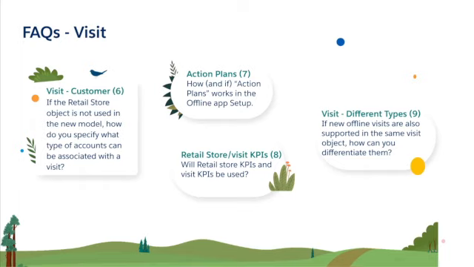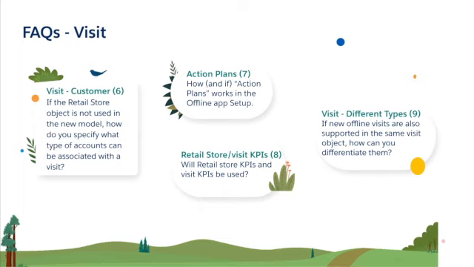Then number 9: if new offline visits are also supported in the same visit object, how is it possible to differentiate them? So the advanced visits have a visit template assigned, which is used for this differentiation. So it is supported to execute pre-planned visits from the existing model in the offline application with the inventory and custom tasks for the case there is no template assigned.